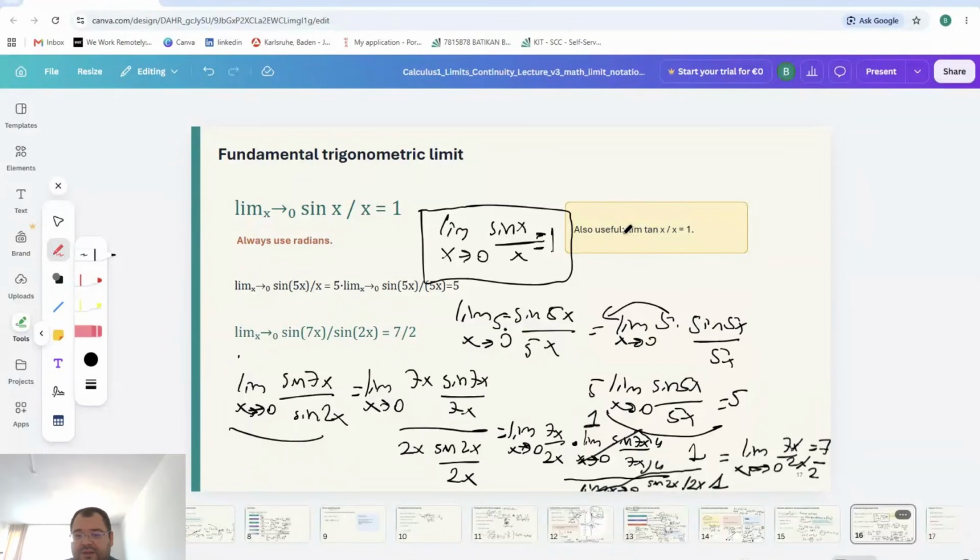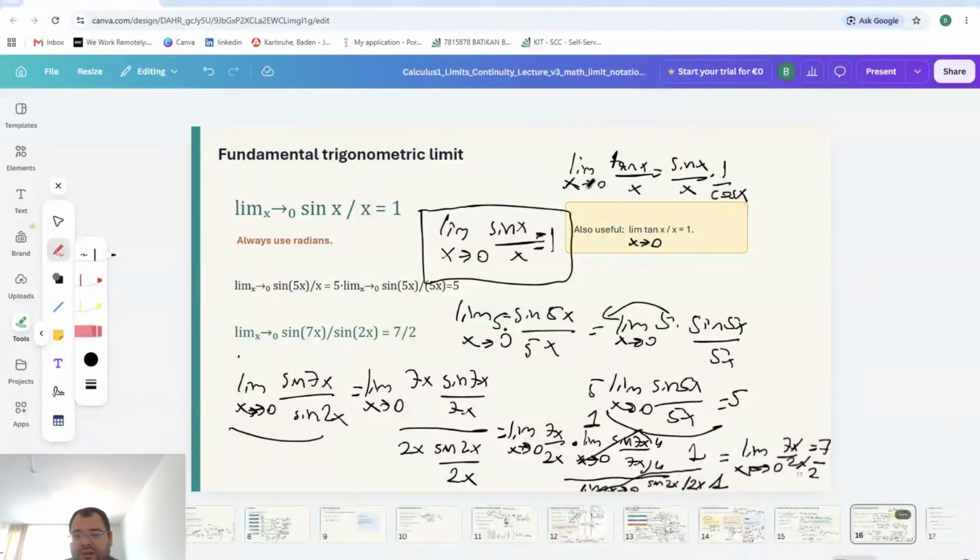There is a useful tip here also. The limit as x goes to 0 of tangent x divided by x can be rewritten as sine x divided by x times 1 over cosine x.